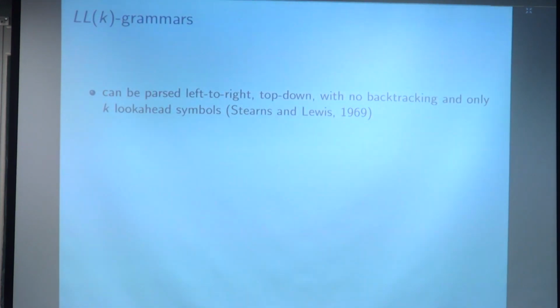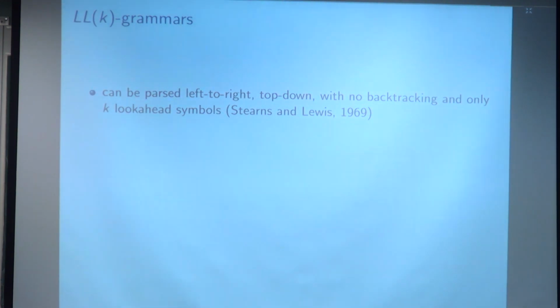And my last research, LL(k) grammars. These are the grammars which can be parsed left to right, top down, with k symbols of lookahead and no backtracking. They can be parsed in linear time, and they are really widely known.